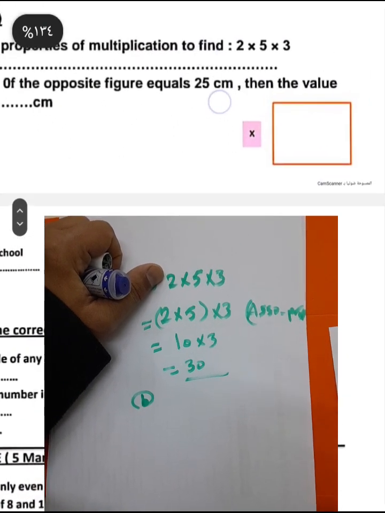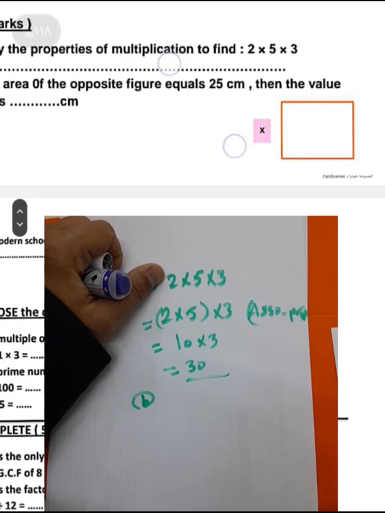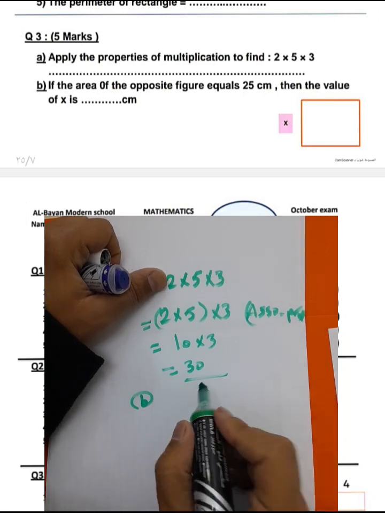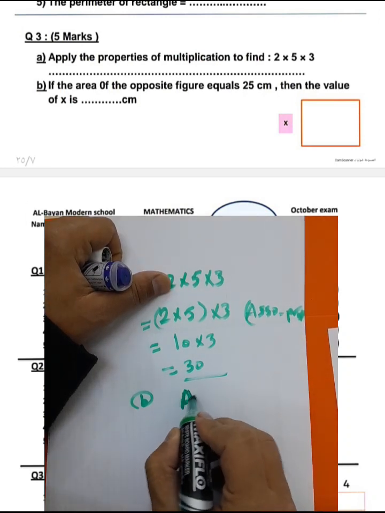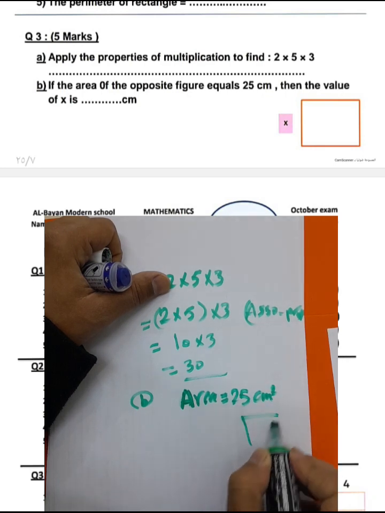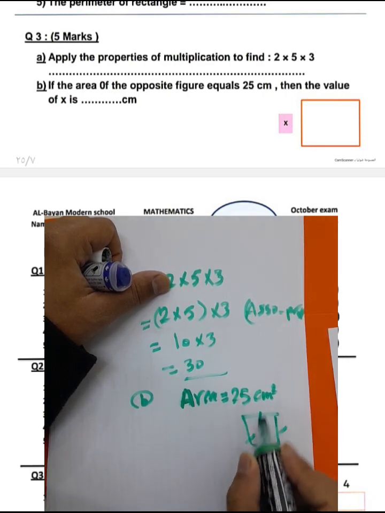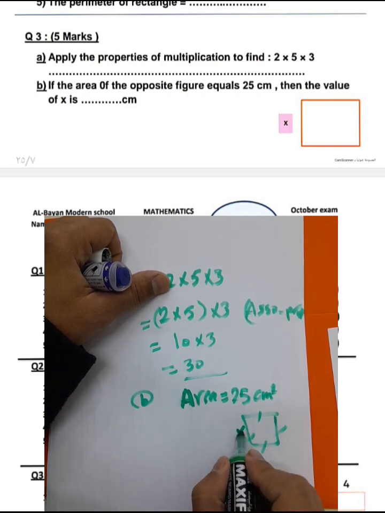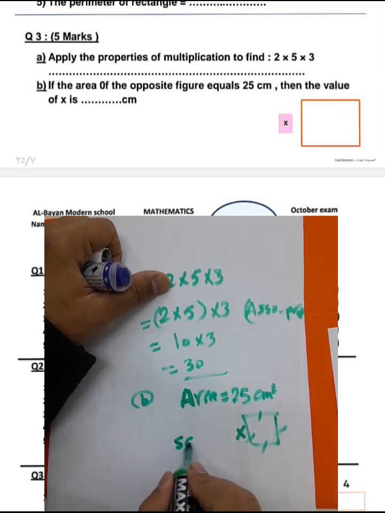Okay, they give us the area equal to 25 square centimeters. We know all sides are equal in length in a square. Then we want to find x. X will be 5 centimeters, because the area of a square equals side times side. 5 times 5 equals 25. Then the side here will be 5 centimeters.